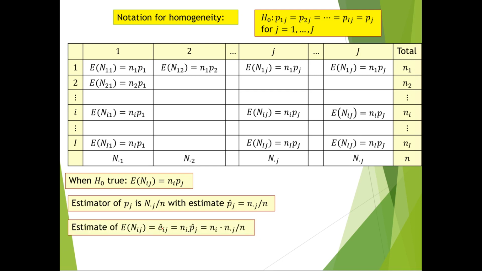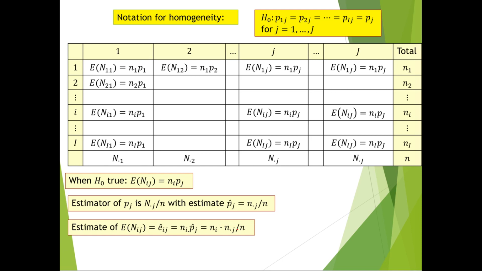Your expected frequencies then in each cell, in cell 1, for example, is the total for that row times the estimate P hat for that column. And that is row total, which is your sample total for population I, times column total divided by grand total.